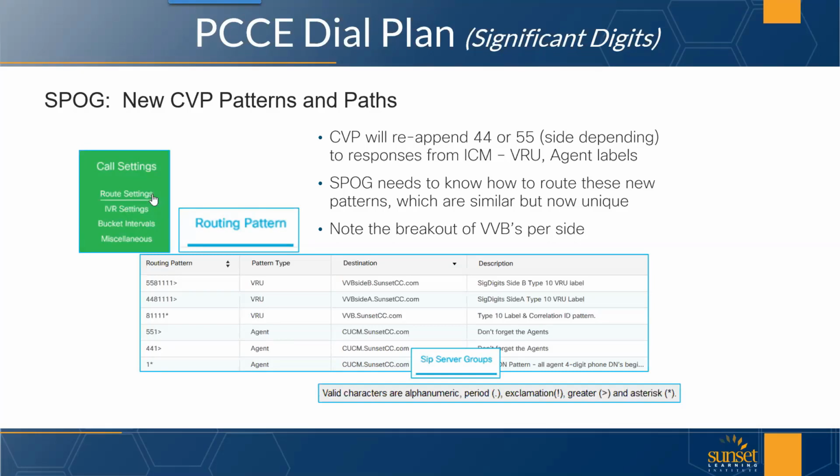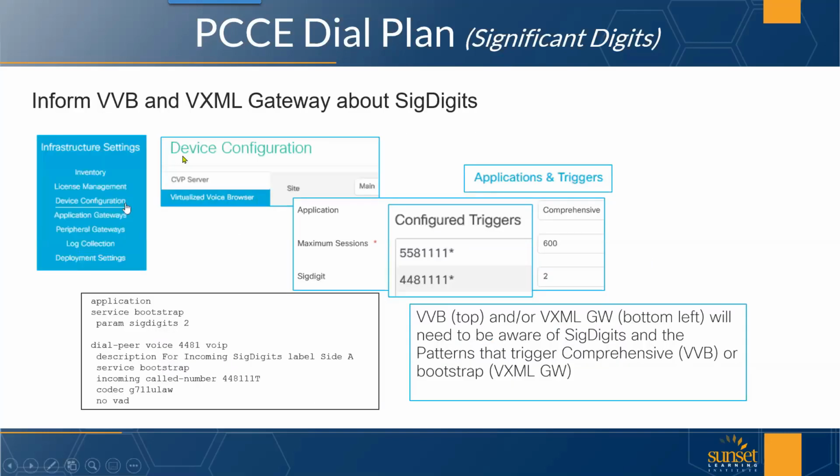So we've now got those same 8111 wildcard numbers, but with the 55 and 44 appended, one going to side A and one going to side B. Inform the virtual voice browser and the VXML gateway about the significance of those digits as well. So again, 55 and 44 as prepended digits need to be included as triggers in our virtual voice browser.